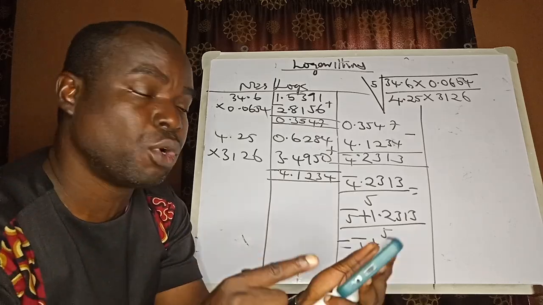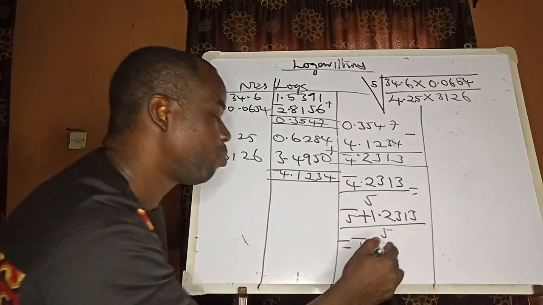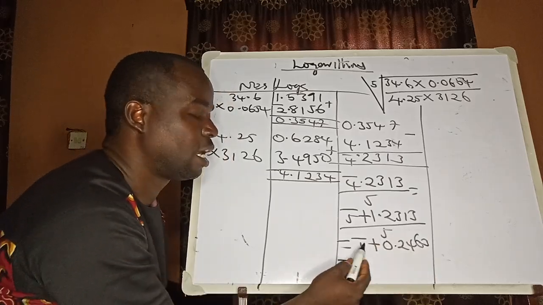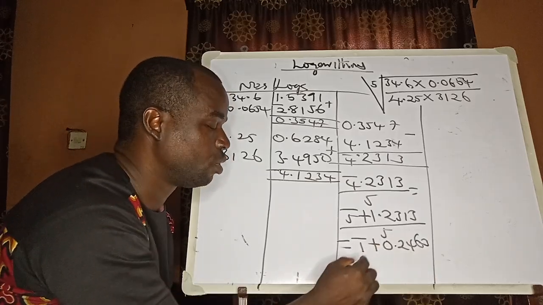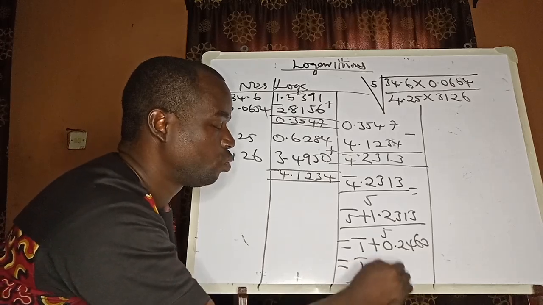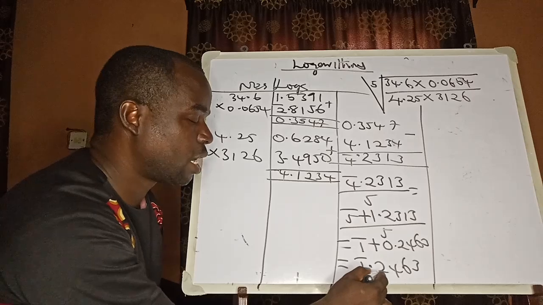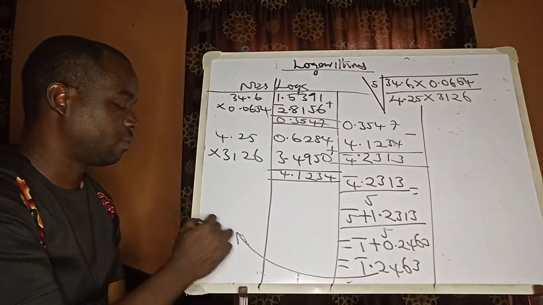That's what I have. 0.2463. Which will now give us, and I told you how to do this, bar 1 plus 0 is bar 1.2463. Are we good? Now, this one now, you find the antilog and bring it here.